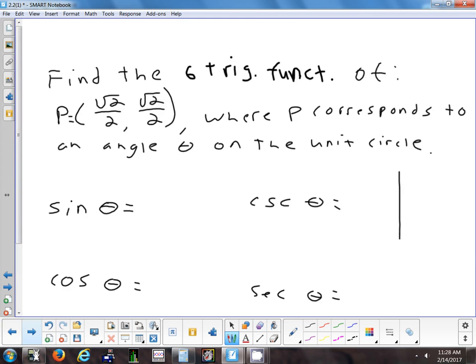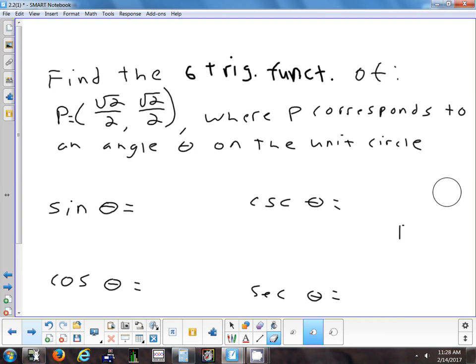If you think about your circle, you've gone over and up the same amount. So think about this side and that side being exactly the same. You can make a triangle if you want. We don't need to know that, but this is the coordinate for a 45-degree angle because you go over and up the same amount.